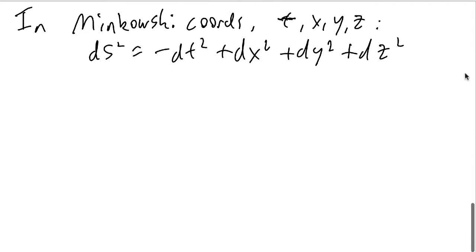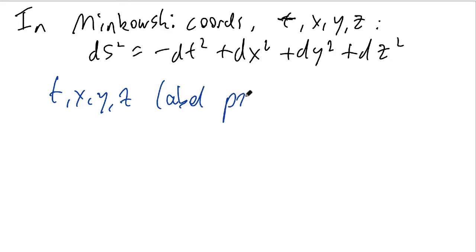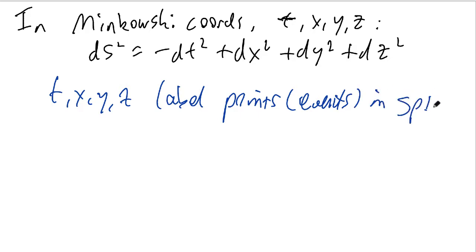Now, we need to be careful here. We shouldn't assume, because we're using familiar symbols, t, x, y, and z, that these coordinates have any particular physical meaning. They're simply labels for events in space-time. So these label points or events in space-time and do not necessarily have any particular physical meaning.